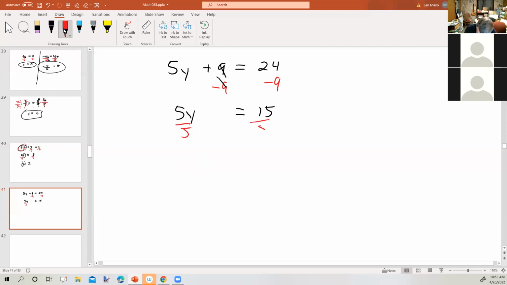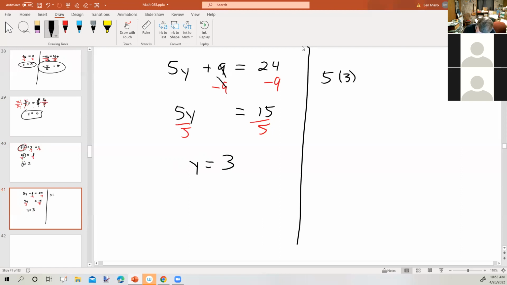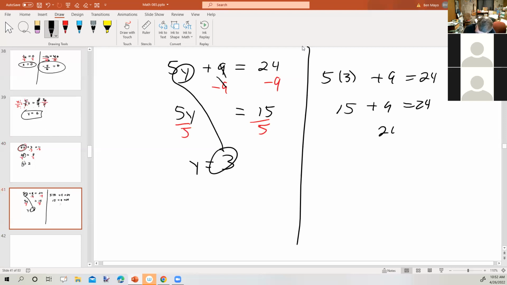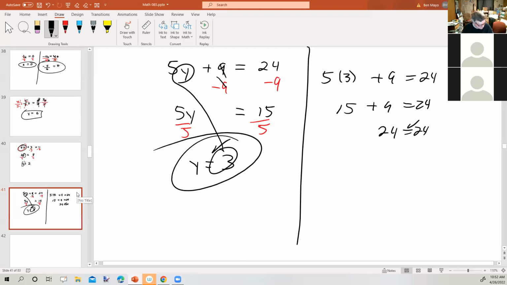Right, isolate the variable. So isolate the variable term, isolate the variable. Let's check our work. So we'll put 3 in the place of y and see if we get a true statement. We do, so y equals 3 checks. Okay.